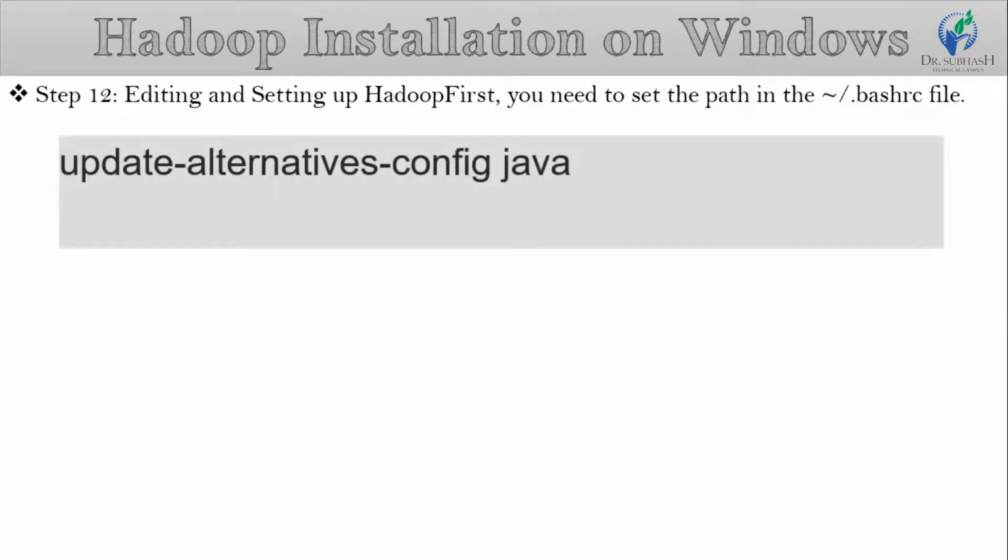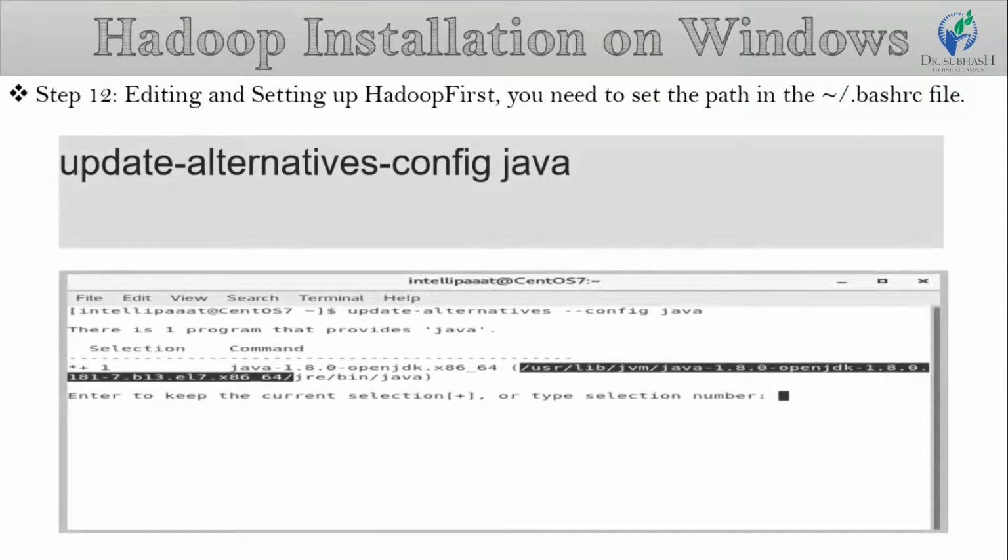So, enter this command to check the configuration of Java. Now, you will see this image for all the Java versions available on the machine. Here, since I have only one version of Java, which is the latest one, it's shown in the figure.